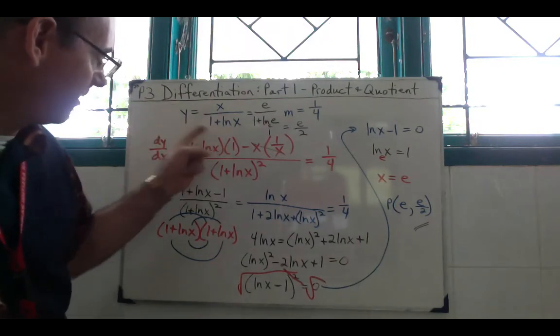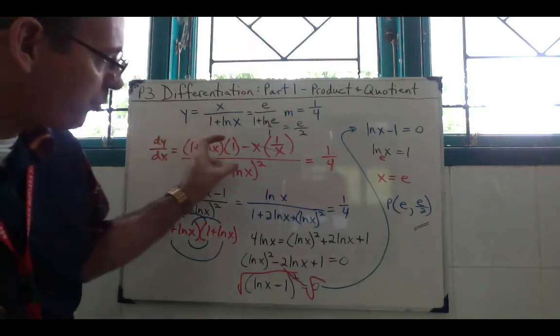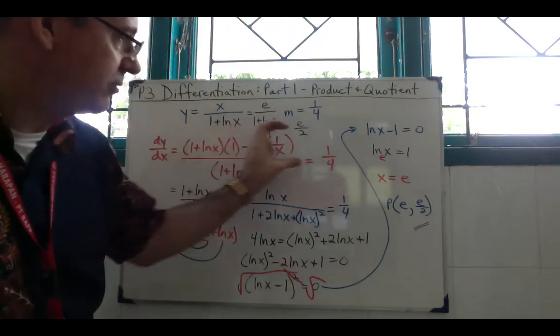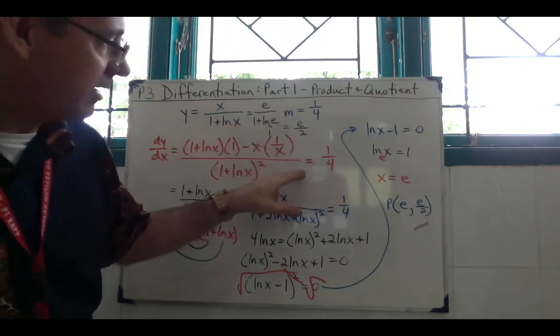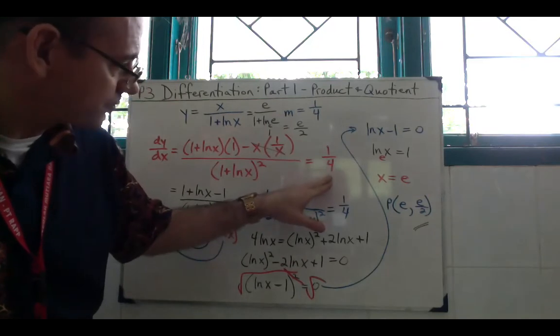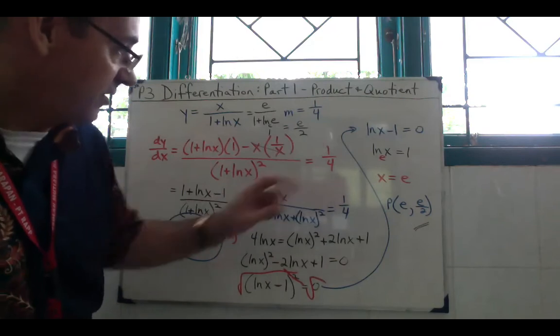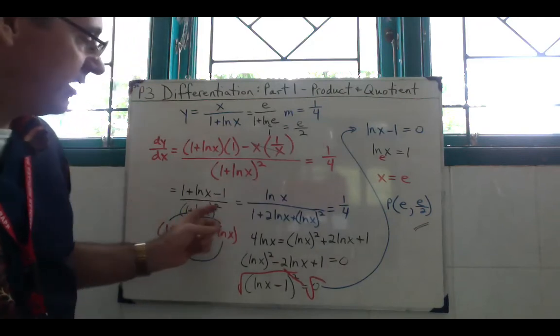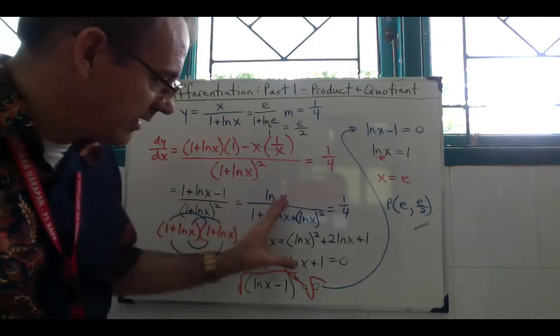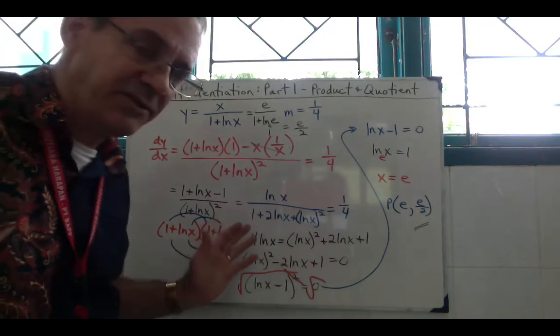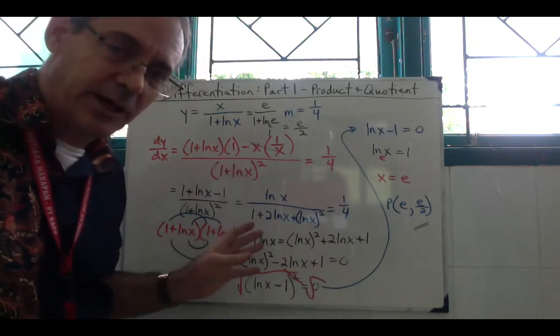So we had our curve, we have our quotient rule being applied with the slope. And again, slope implied the derivative in the first place is equal to 1/4. Then it's just a matter of algebraically working through all of that, recognizing your quadratics, even though it's with logarithms.